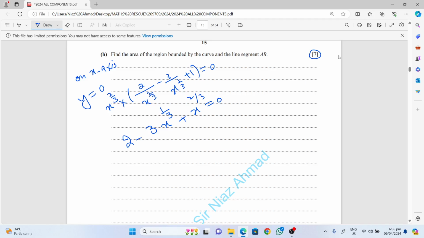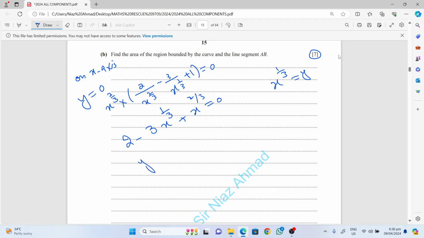So let x raised to the power 1 by 3 equal y.